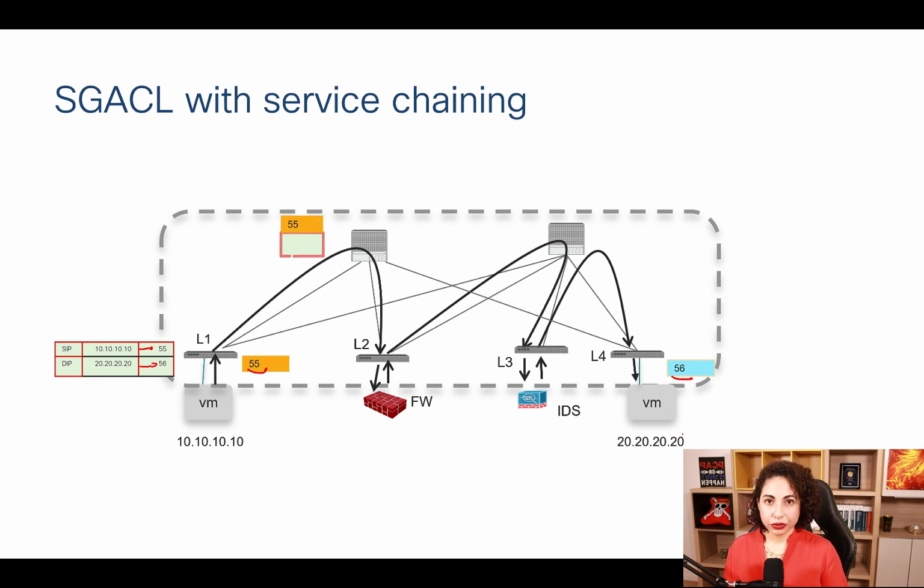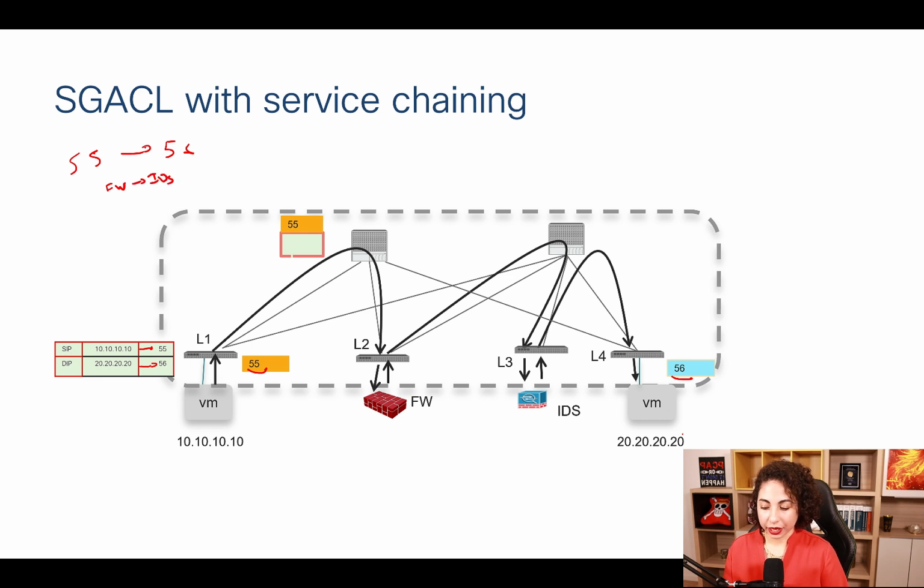We are going to configure the contract. We are not showing it on the slides because we will be checking the configuration a bit later, but we are basically configuring what we mentioned in the previous slide with all the columns and all the constructs. We are saying that from 55 to 56, we are redirecting to the firewall and to the IDS.